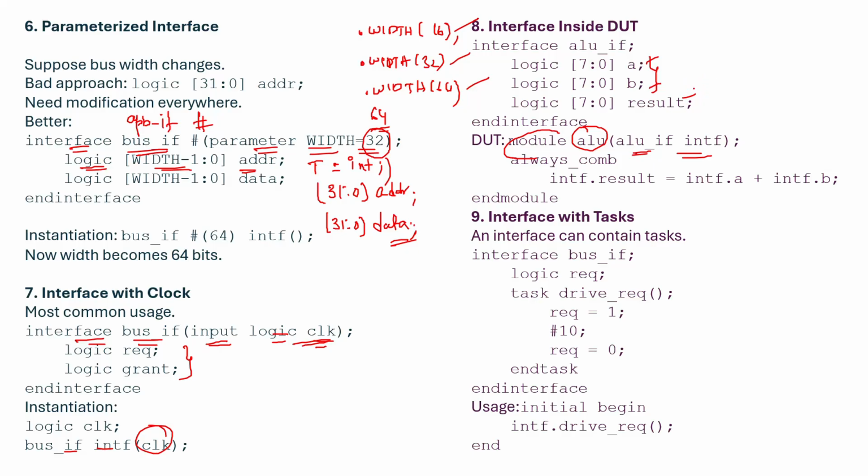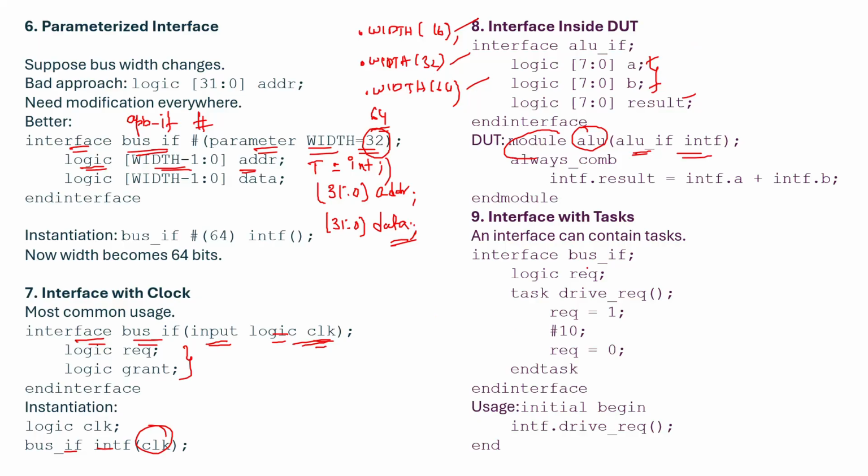Same way, interface with tasks. We can also represent different tasks. Inside the task, we can drive different signals. Task drive request. That drive request we can call in your file. You understood, right?